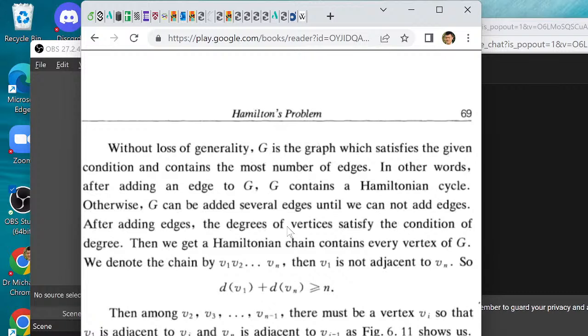Okay, what do you do? So you have a bunch of vertices, you start making a chain. You could do that in any graph until you can't get any more adjacent things to the ends of the chain.